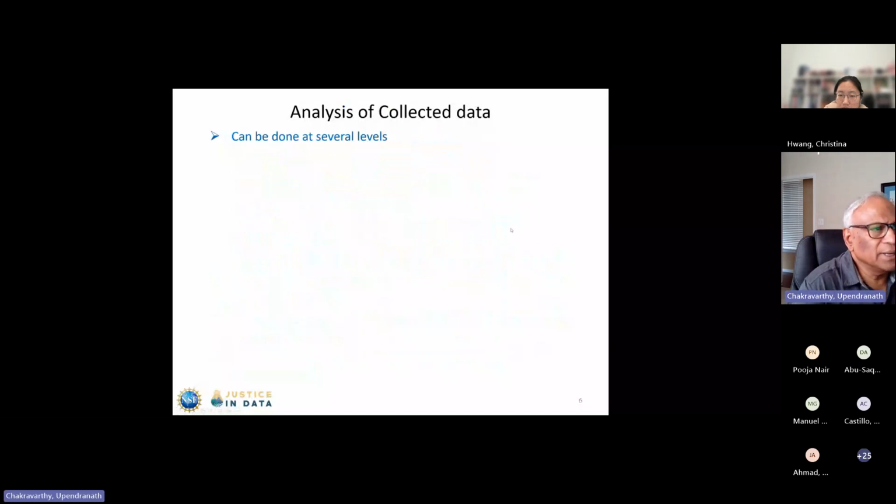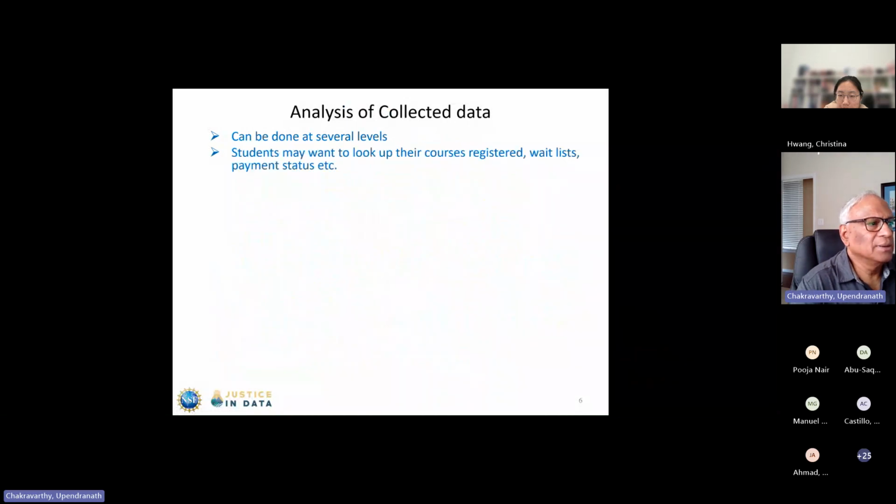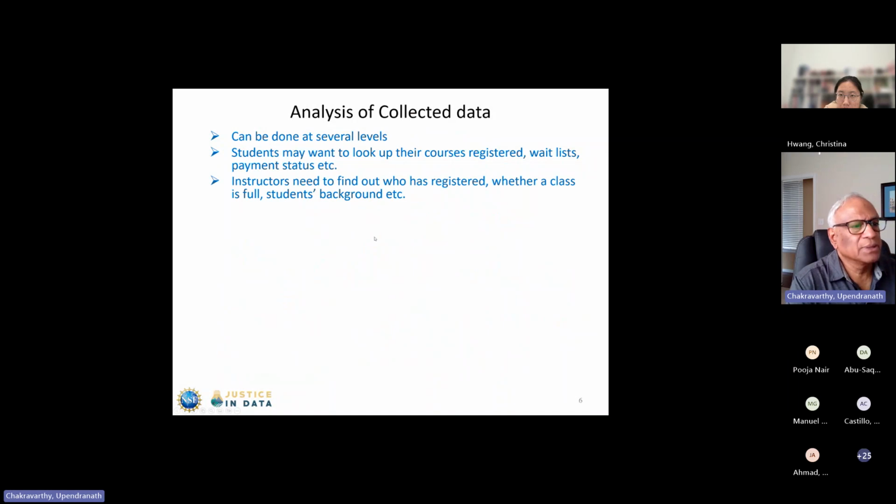Analysis of data can be done at several levels. Again, I'm giving some examples to make it easier to relate. Students may want to look up their courses registered, wait list, payment status, etc. Instructors have a different need.